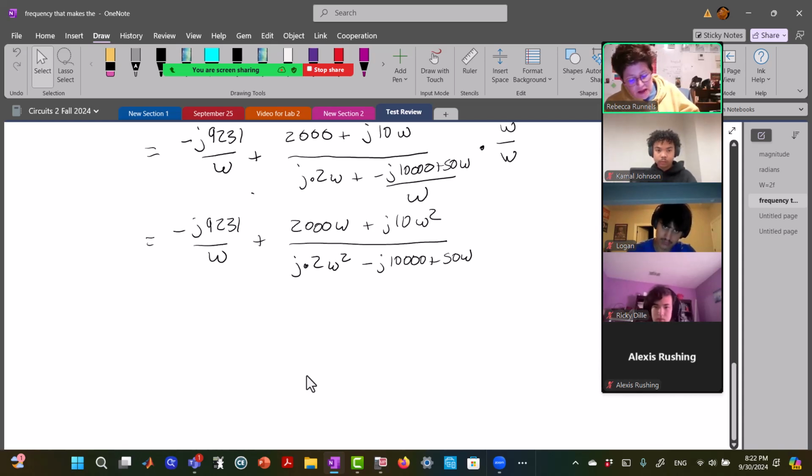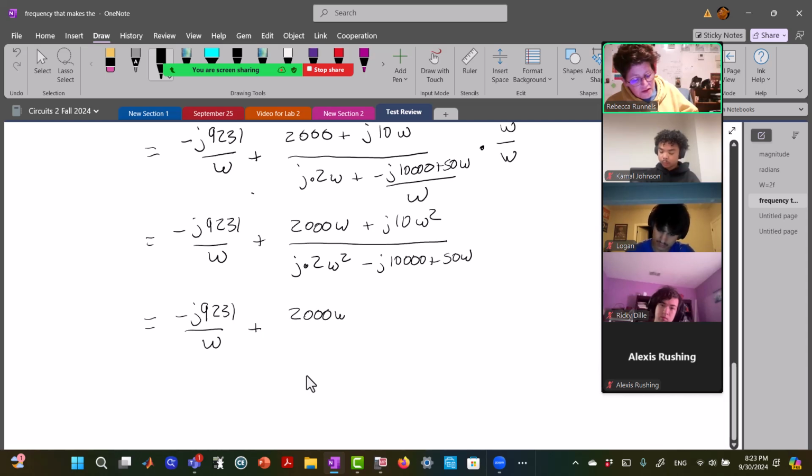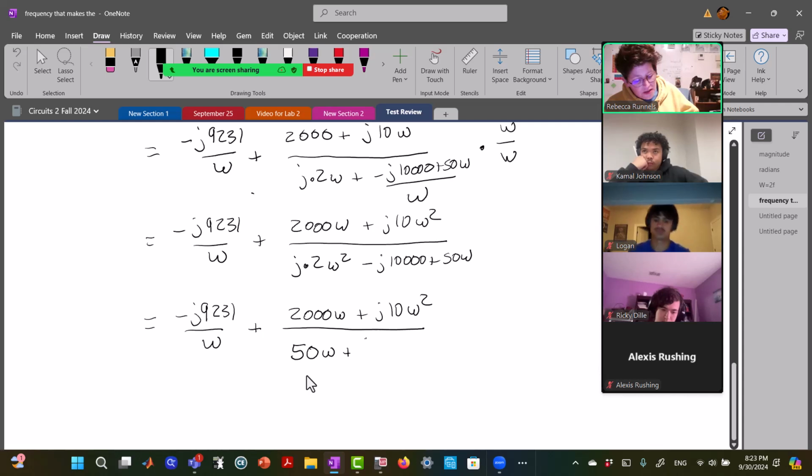Okay, so now minus j9231 over omega plus 2,000 omega plus j10 omega squared over, and then in my denominator I want to put my real part together, that's 50 omega plus, and then my imaginary part is 0.2 omega squared minus 10,000 j.